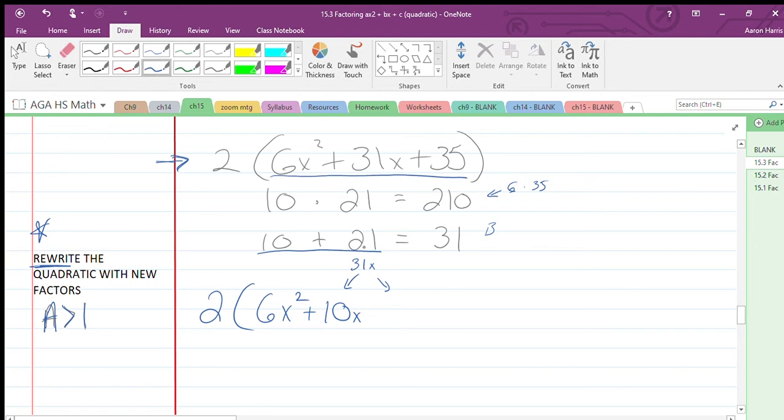And then plus 21x. 10x plus 21x is what? 31x. So I haven't really changed anything. Plus 35. So you go from a trinomial to what? A polynomial with how many terms? 4. Okay? And you need to do that so you can do grouping on the next term.